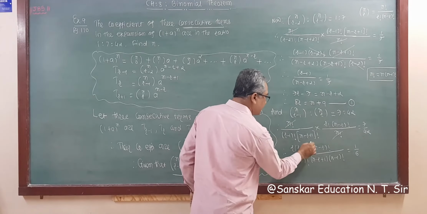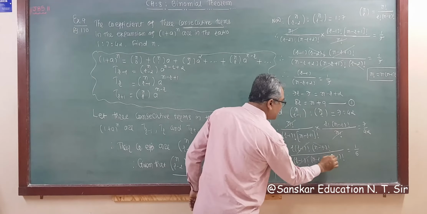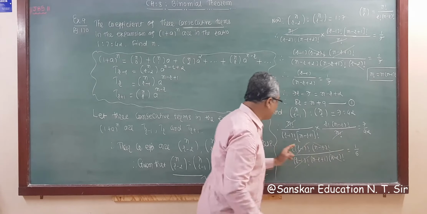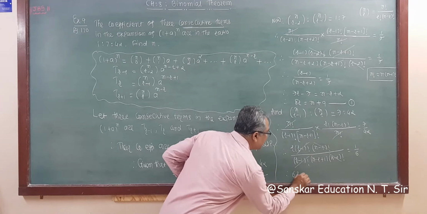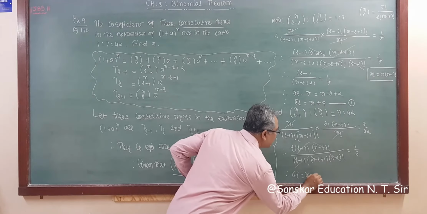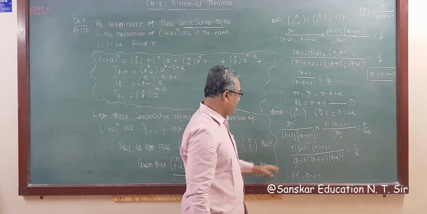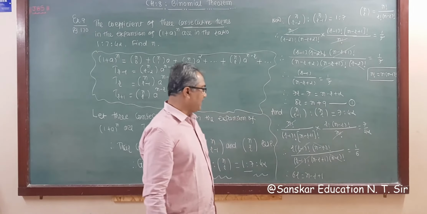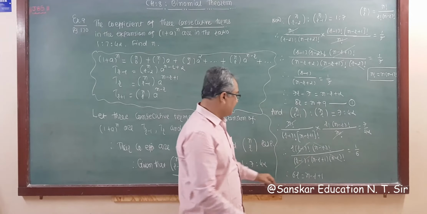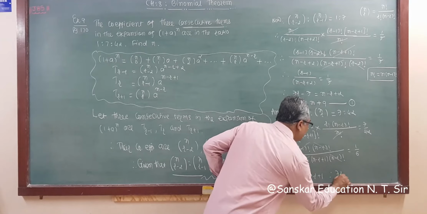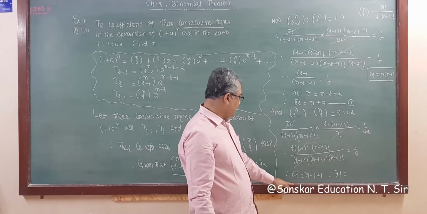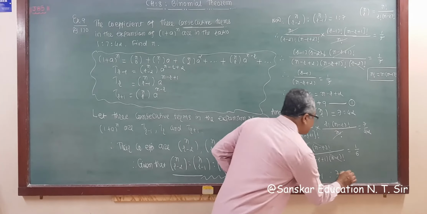So this r minus 1 factorial will be cut. So cross multiplying this, we get 6r is equal to n minus r plus 1. So what we get? 7r is equal to n plus 1.